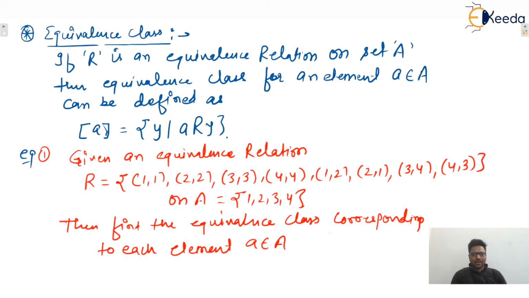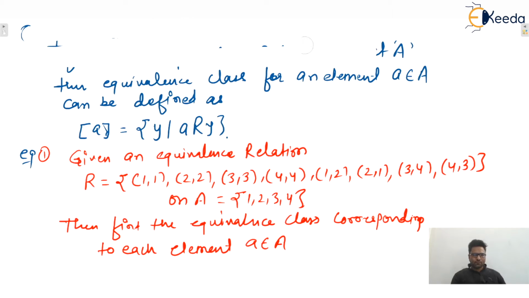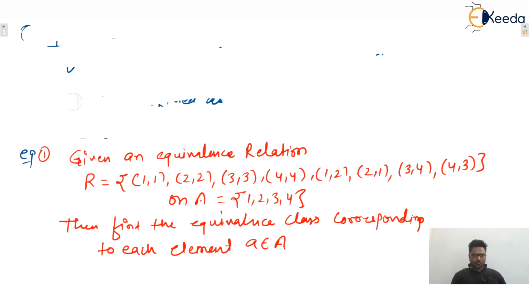So how to find the equivalence class for every element that belongs to set A? Simply, the equivalence class is represented with square brackets. So what is the equivalence class of 1?